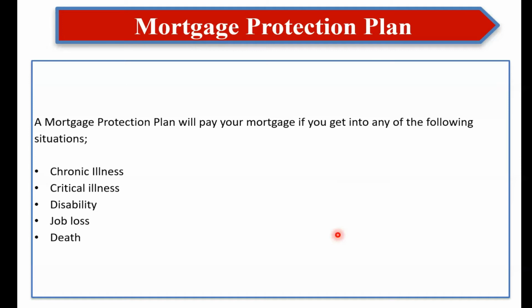With a mortgage protection plan, guys, it's very important because if you lose your job because you're chronically ill, you might lose your house. If you're critically ill, you might lose your house.